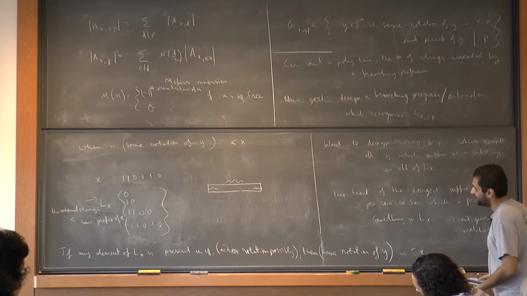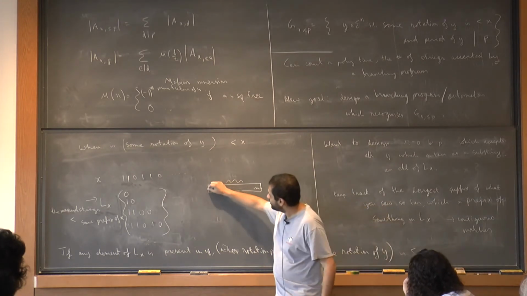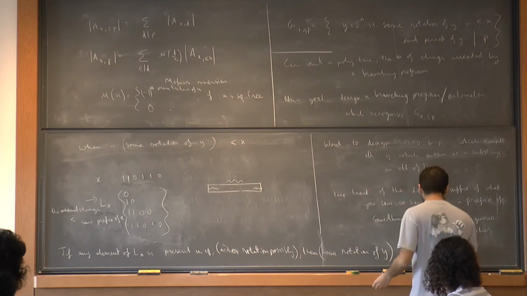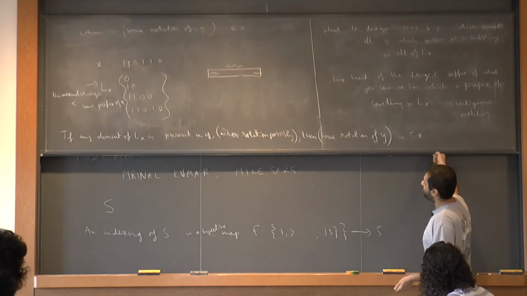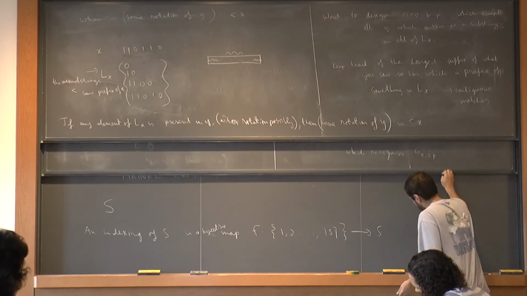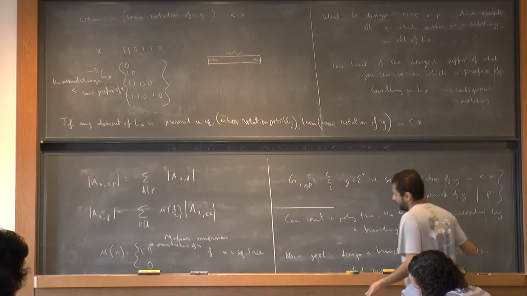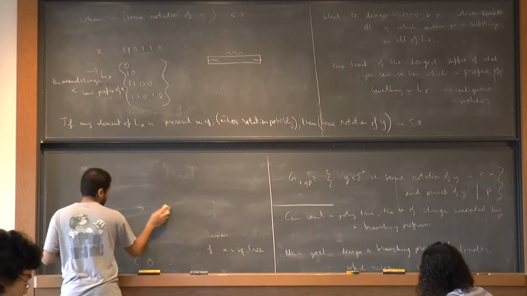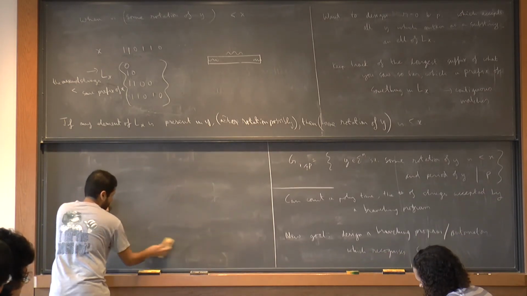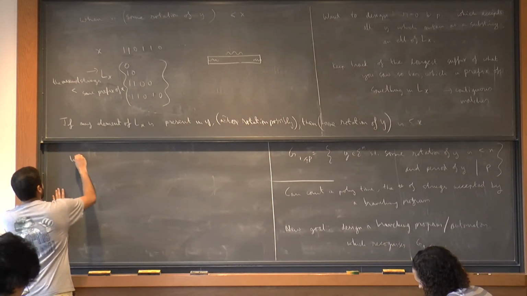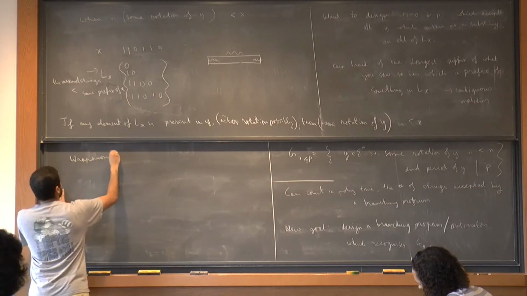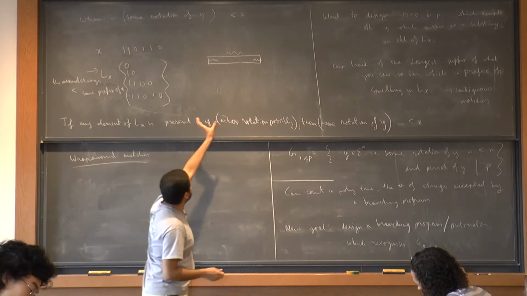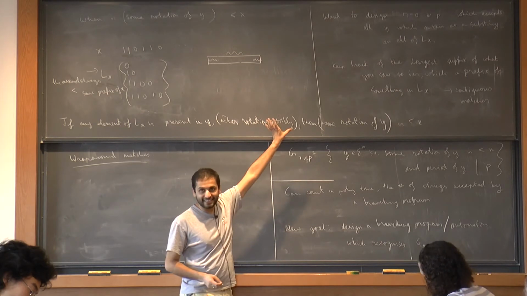For wraparound matches, let me just say it in one sentence. We'll keep track of two things: the largest thing from the front and the largest thing from the end.